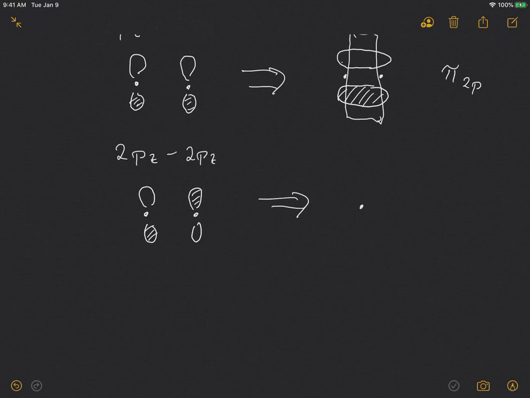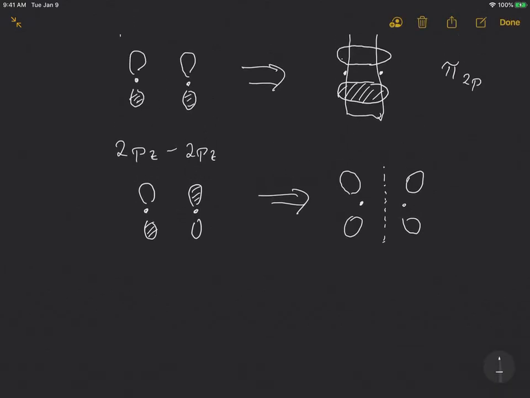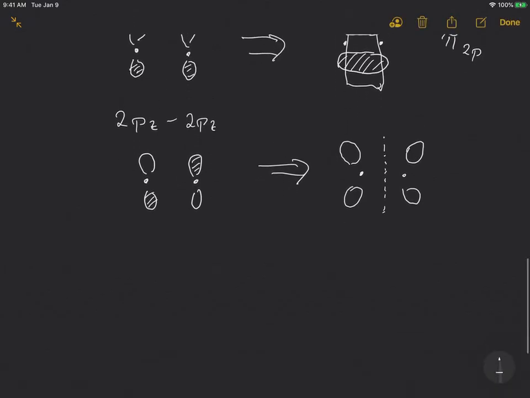We're going to have this additional nodal plane here, which is going to push the electron density out a little bit away from the nuclei. There's a nodal plane there, and we shade the orbitals thusly.